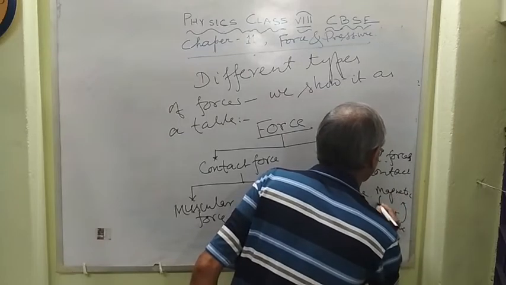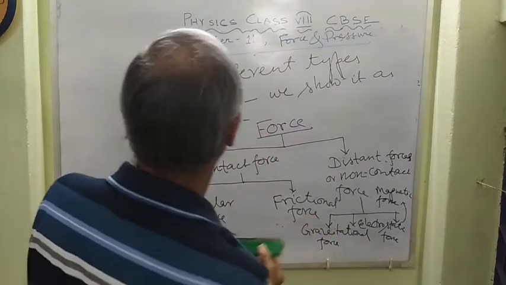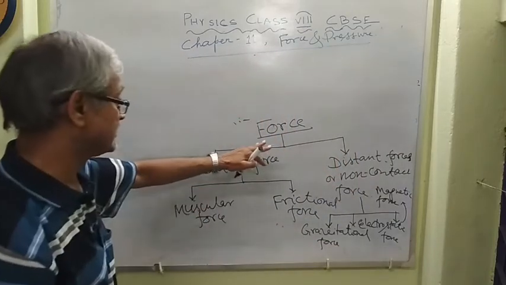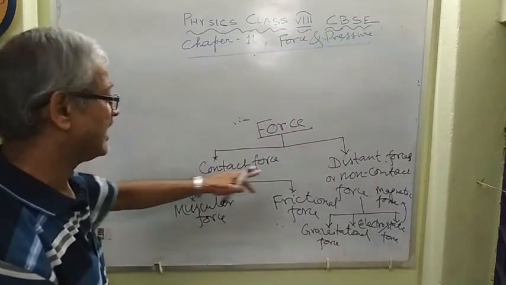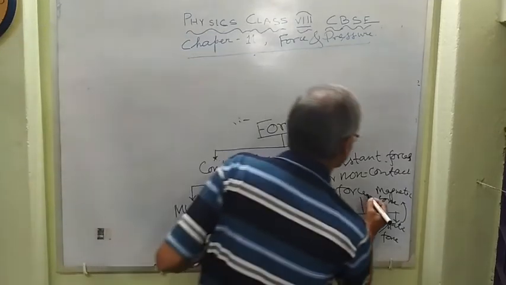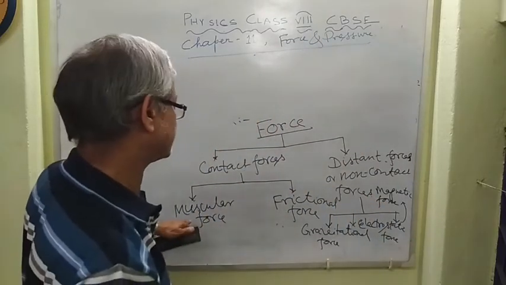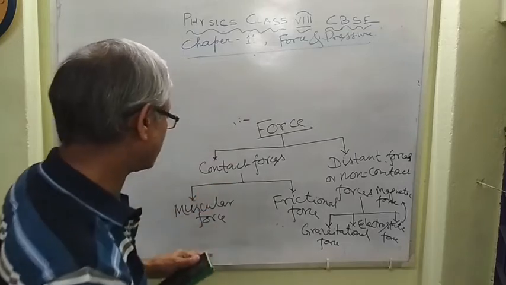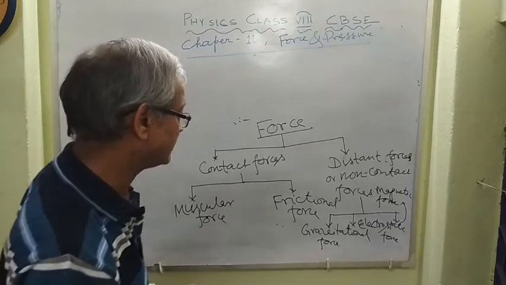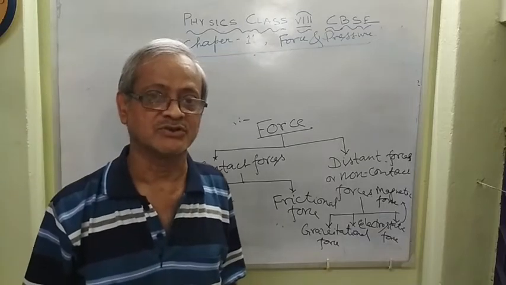We discussed different types of force. Which are the different types of force? Contact forces and distant or non-contact forces. Contact forces are of two types, muscular force and frictional force. Distant forces are of three types: gravitational force, electrostatic force and magnetic force.